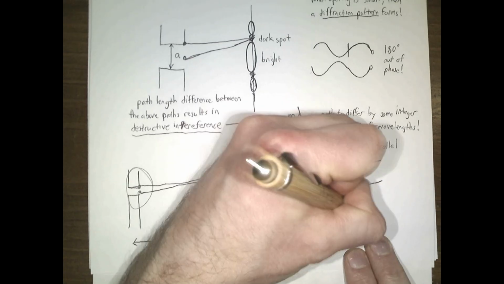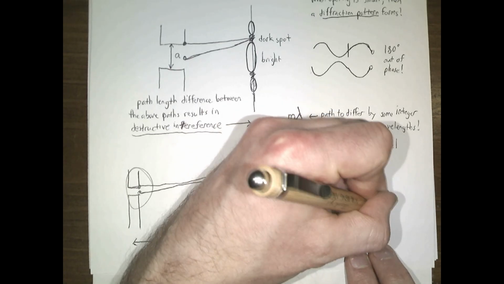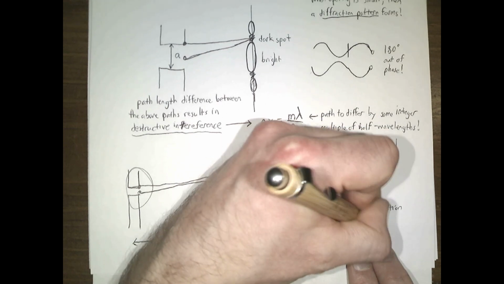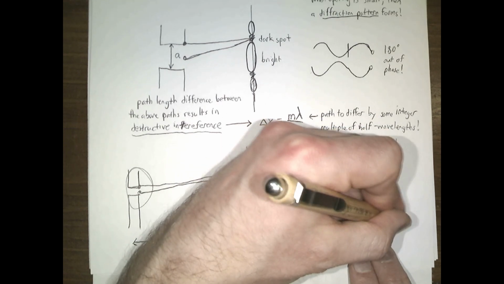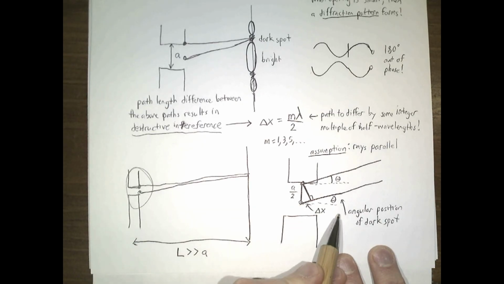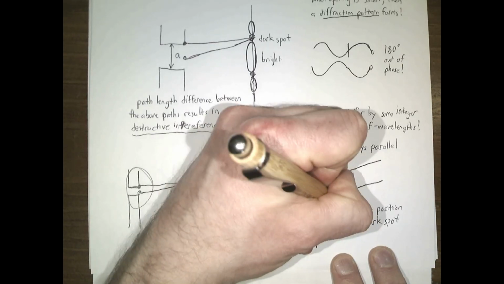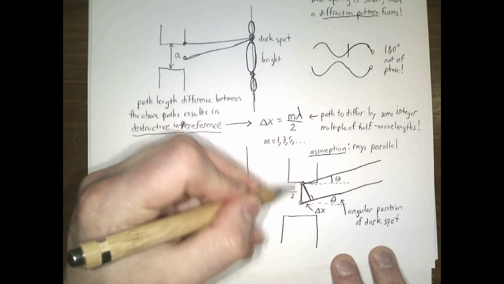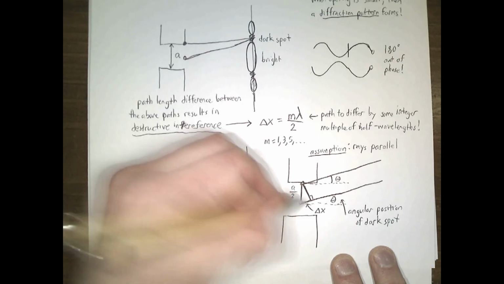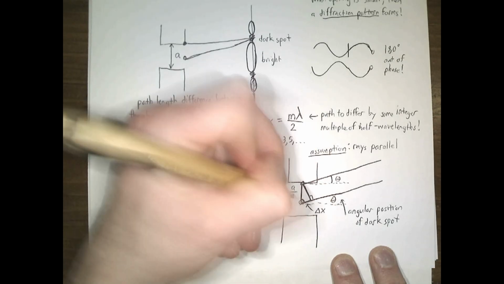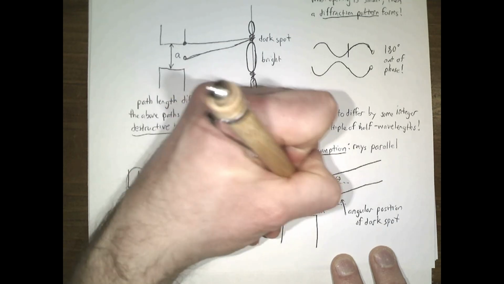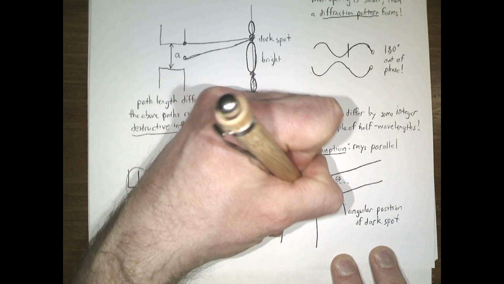So this is the angular position of the dark spot. Well, if we run it back, this horizontal dotted line here is perpendicular to the line formed by a over 2. So theta and whatever this angle is here must be complements. So that's 90 minus theta in there, which means that our angle theta again appears here.